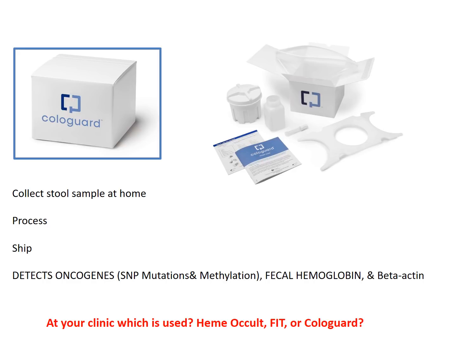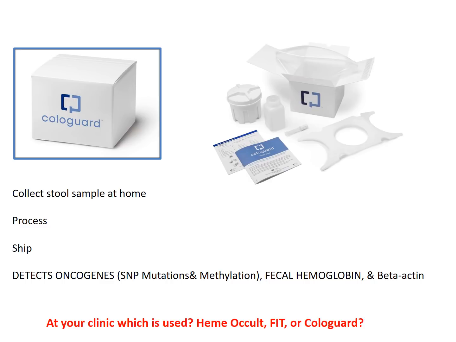So 3 tests can be used: the occult blood test, the fecal immunochemical test, or Cologuard. And I have a thread up on Blackboard in which you can discuss which of these tests or combinations of these tests may be used or recommended if you are working in either a primary care or other GI specialty clinic.